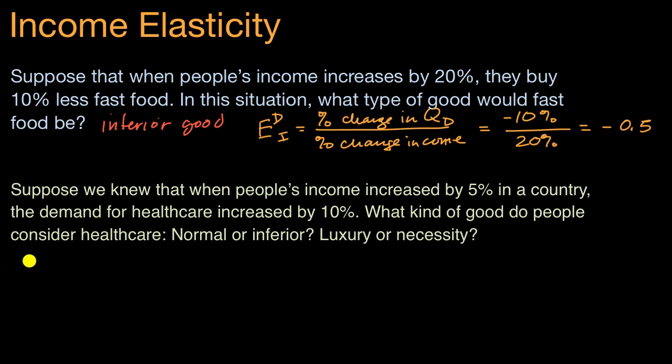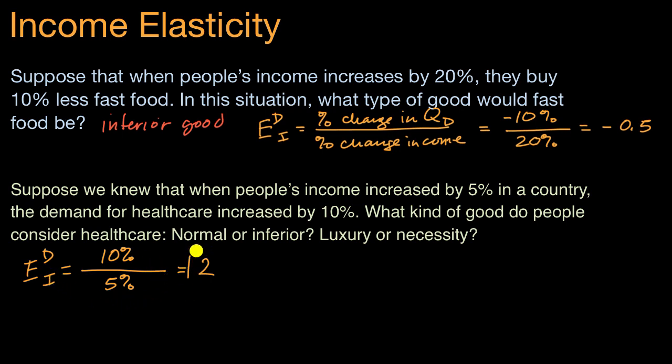All right, so first, our income elasticity of demand. When our income increases by 5%, our demand for healthcare increases by 10%. So we get a positive income elasticity of demand.